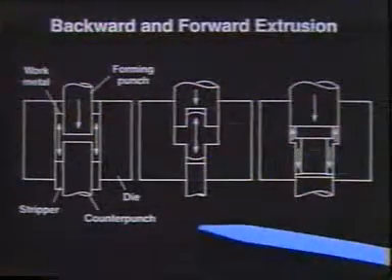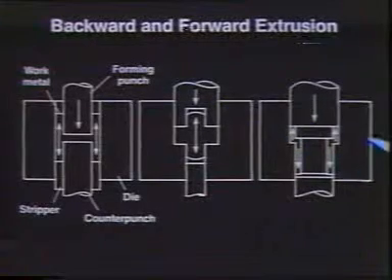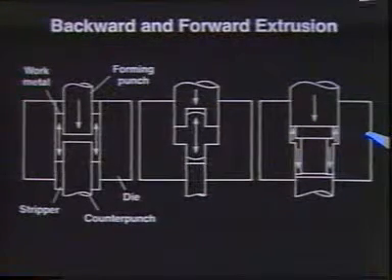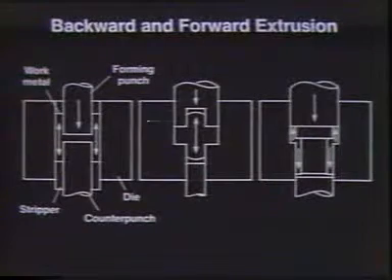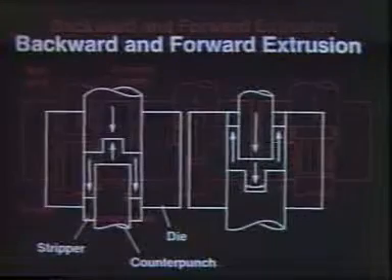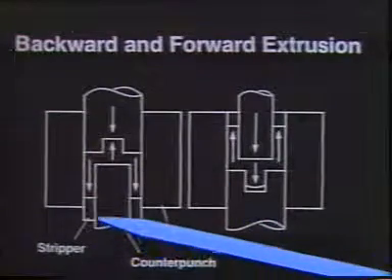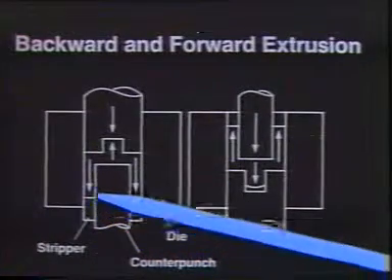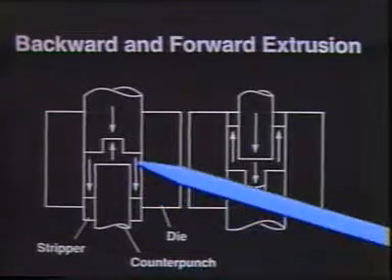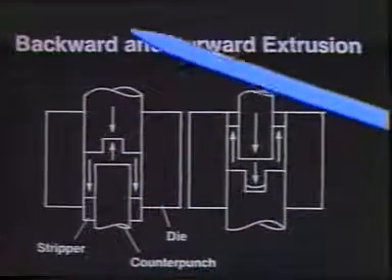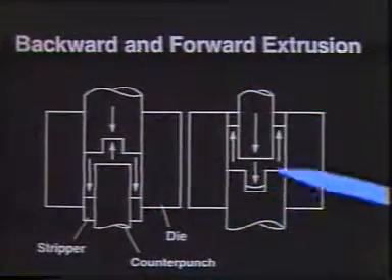So it goes both ways, forward and backward, in these operations. Well, this is another forward and backward illustration of a different product being made, but the material is flowing both forward and backward, and still the punch is moving forward in both of these cases.